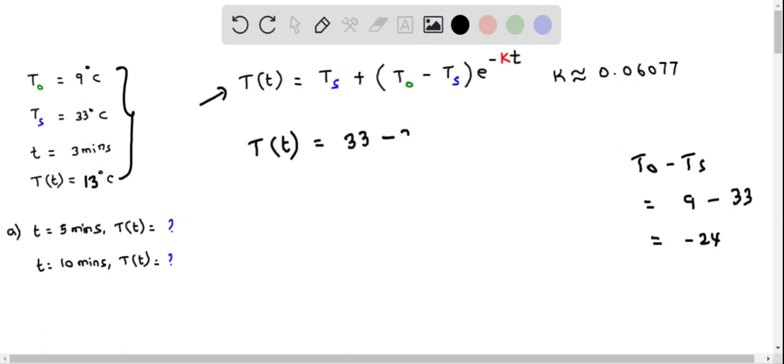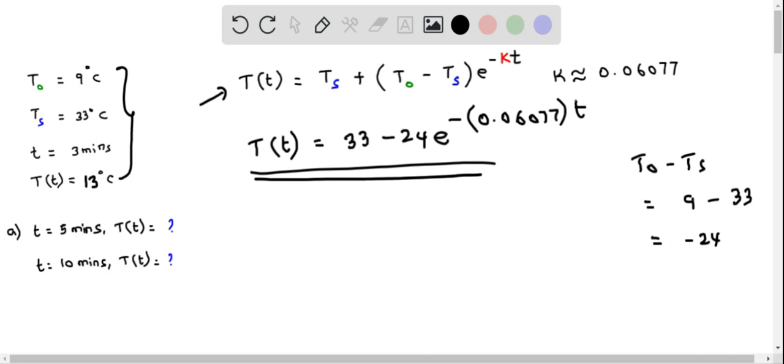So I write negative 24 e raised to the power of negative k times t, that is negative 0.06077 times t. So this is the temperature equation which we will use to determine the temperatures after 5 minutes as well as after 10 minutes.